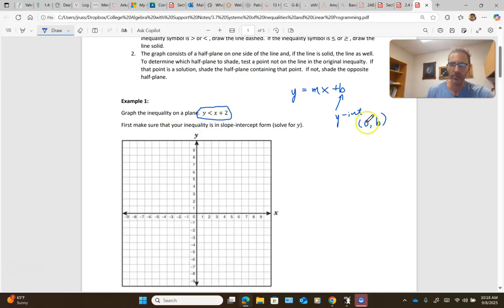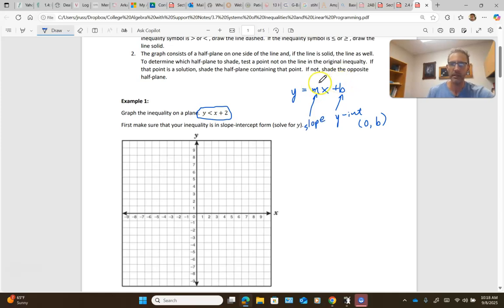The x-coordinate will be 0, because for it to be on the y-axis, the x has to be 0. And then the y-coordinate of that point will be whatever this value in your inequality is. Furthermore, the m represents what we refer to as the slope of the line.